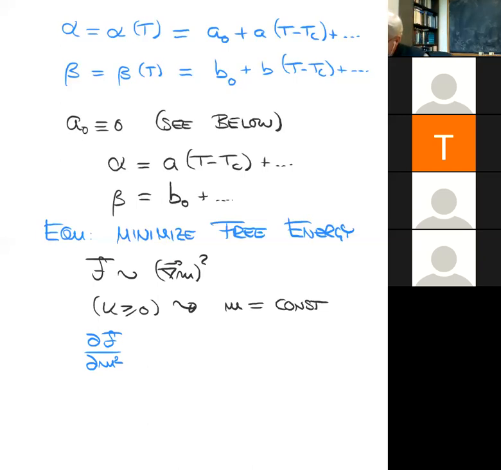If I take that derivative, I get alpha plus 2 beta m squared, and this we just set to 0. That's how we minimize. And now I can just solve for m squared. So I conclude that m squared is minus alpha over 2 beta.